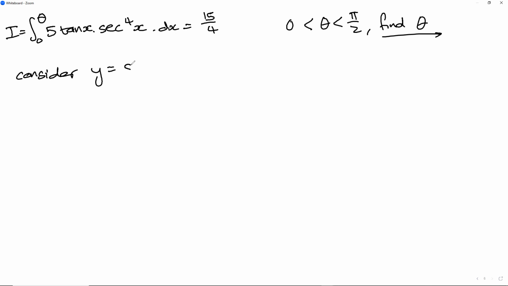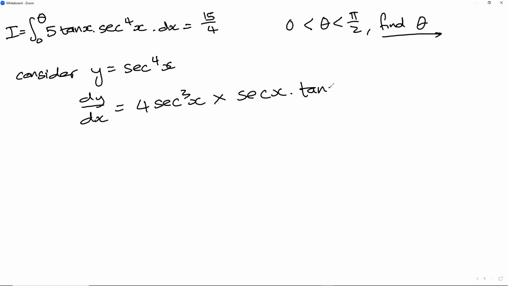If I do that, from there, I can see that the derivative dy/dx is equal to 4 sec to the power of 3 x multiplied by sec x tan x, which ends up as 4 sec to the power of 4 x tan x.